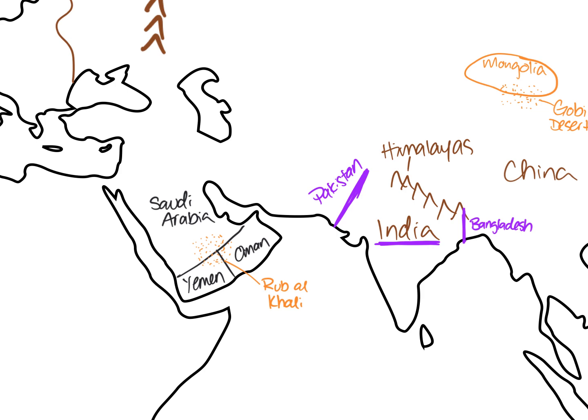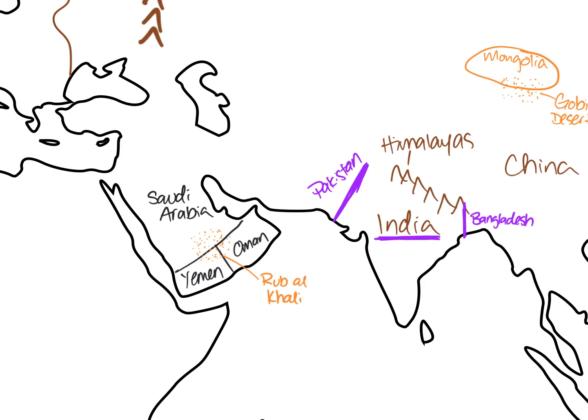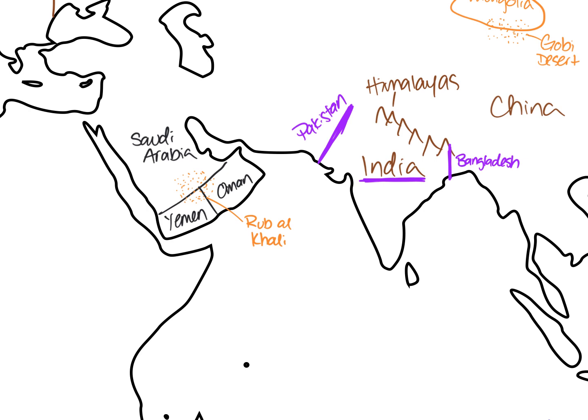Okay, but these are cultural borders because the Muslims and the Hindus had to figure out where they were going to live. So what ended up happening is that India primarily became the place for Hindus, and Pakistan and Bangladesh is where the Muslims moved, and that ended up pretty much working out, okay?